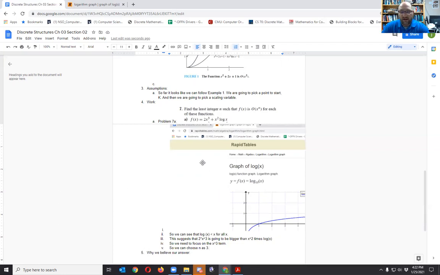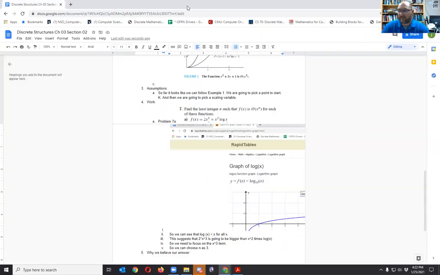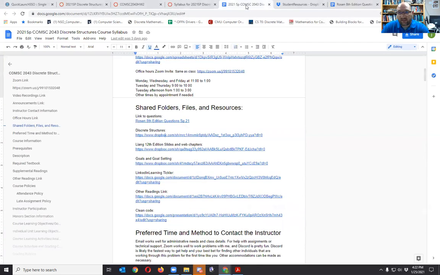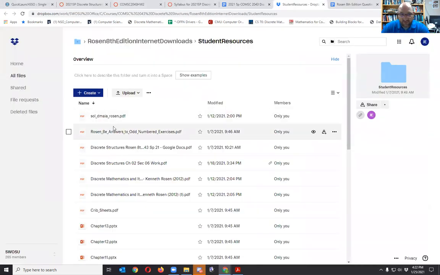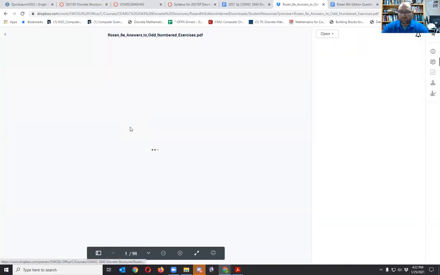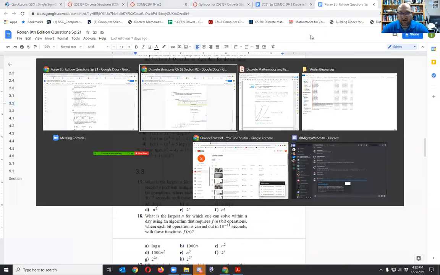So let's call BS on the old man. I think he's crazy. Let's go look in the back of the book. So how do we find that? Well, here's our student resources. Answers to odd number exercises. Let's do this the other way.